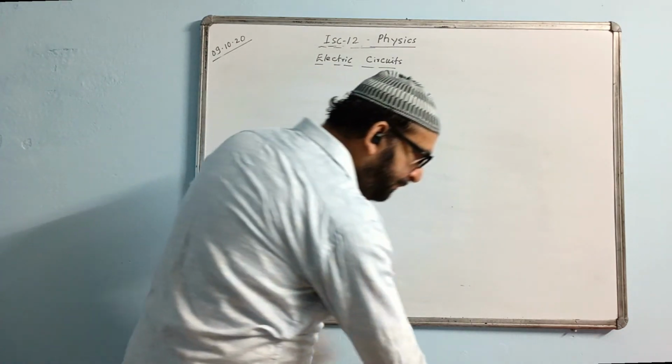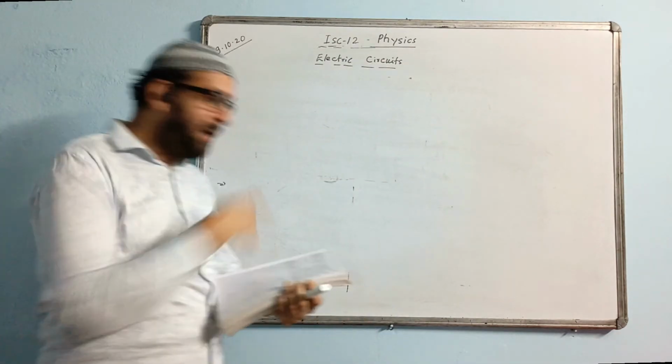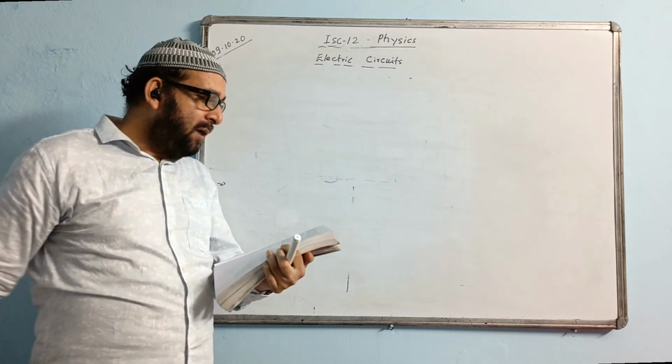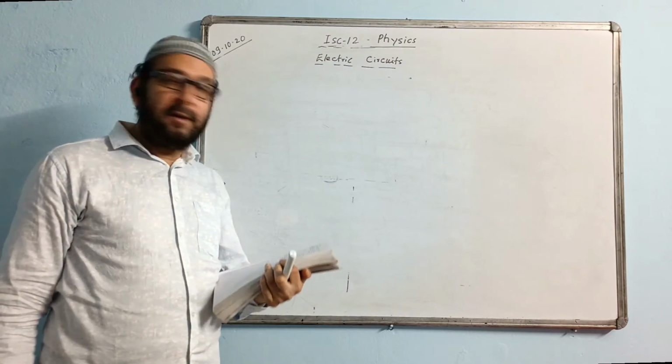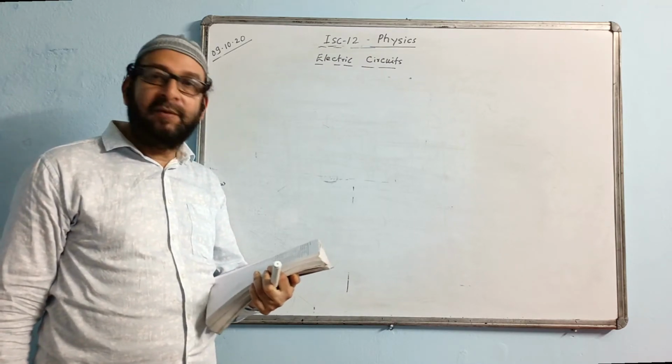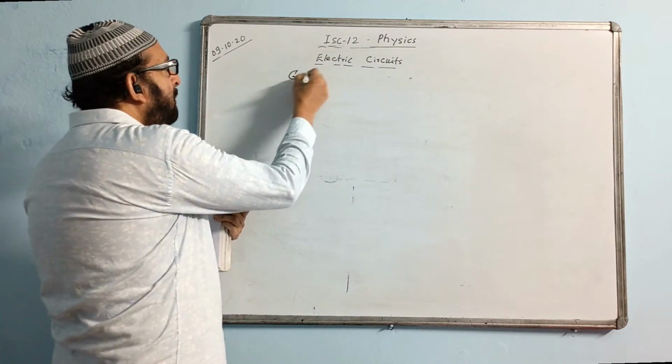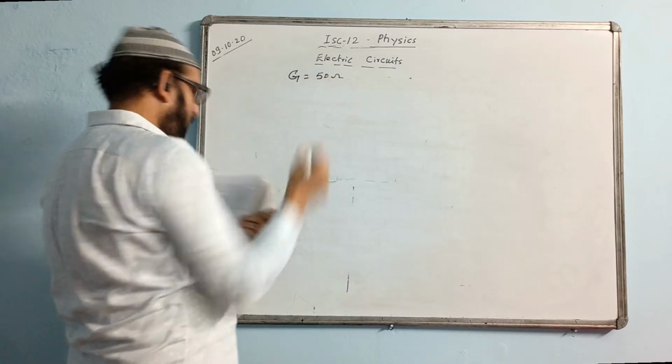Another question we have. This is a one year IC question. Now another question is here, this is also an IC question. The question says the resistance of a galvanometer is 50 ohm.